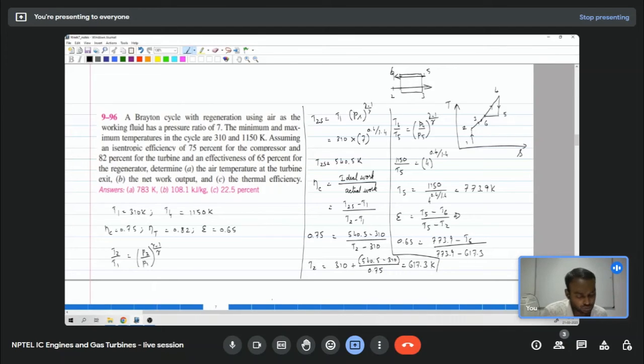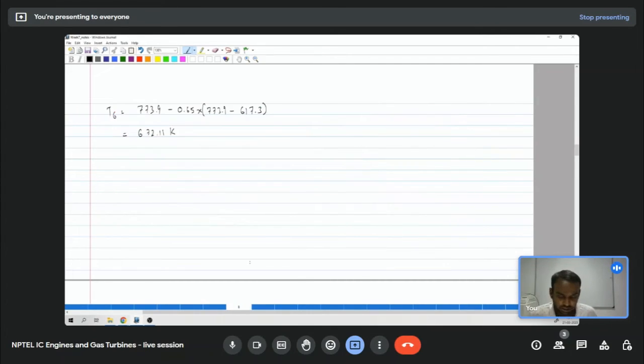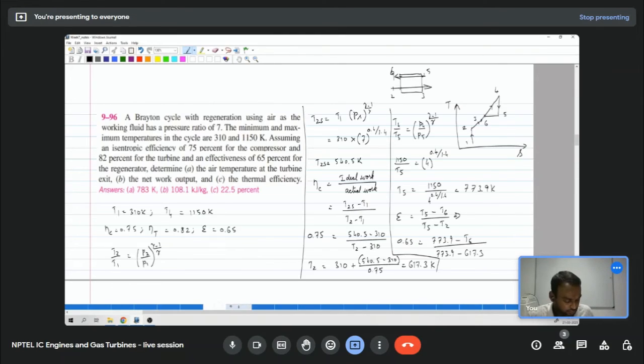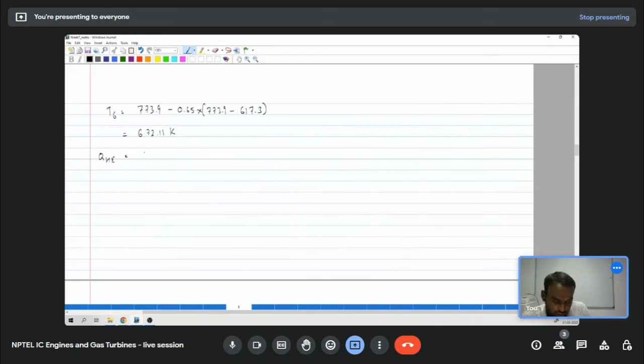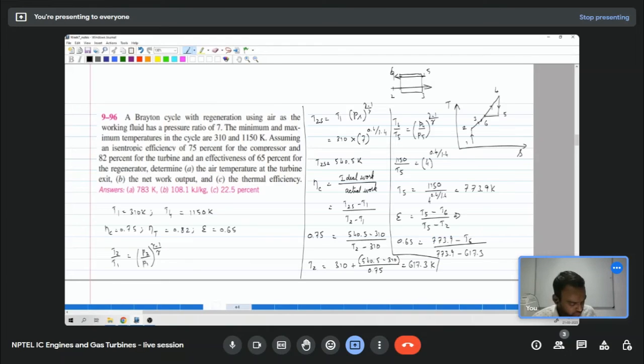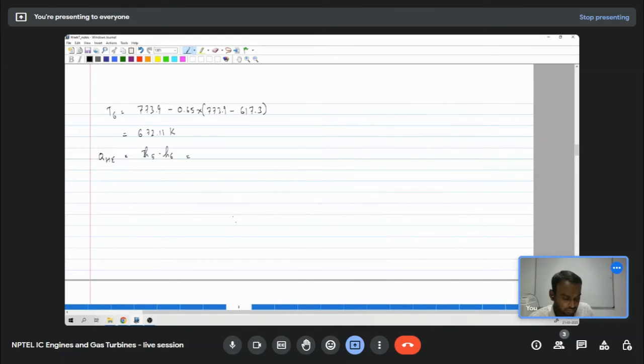So T6 is found now, and with this we know what the heat input is. Q in the heat exchanger is H5 minus H6, which will be equal to H3 minus H2. So this is T5 minus T6 equal to T3 minus T2.